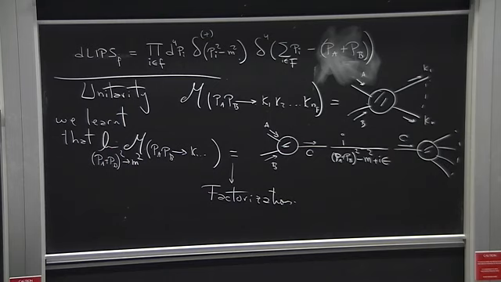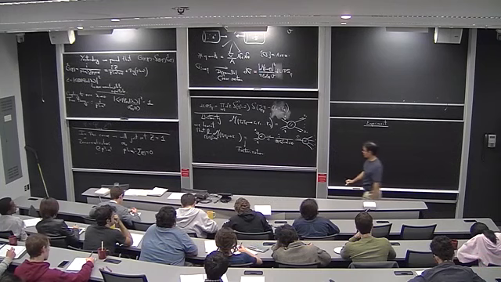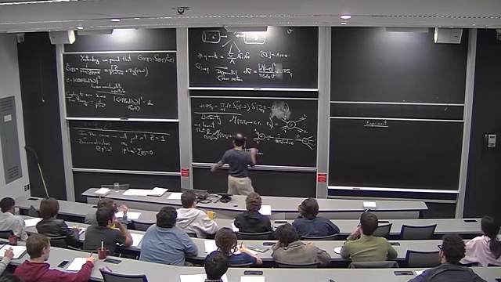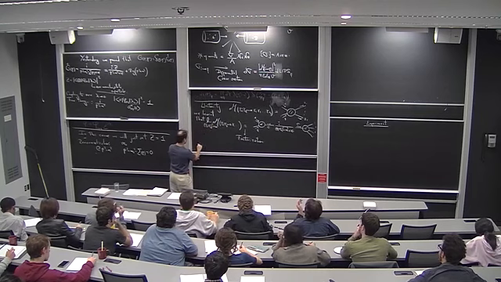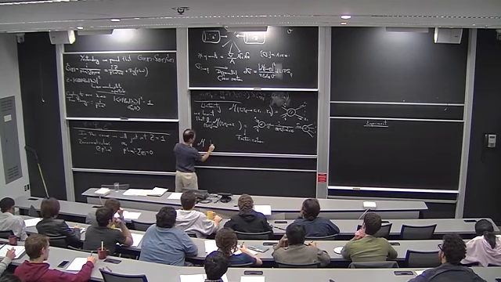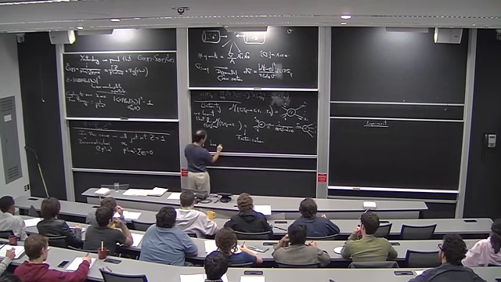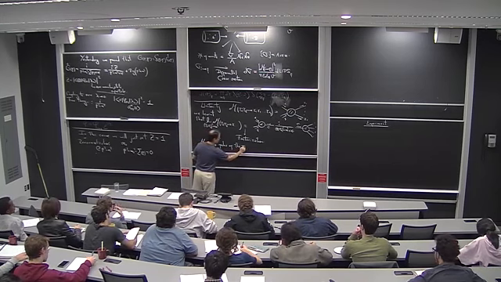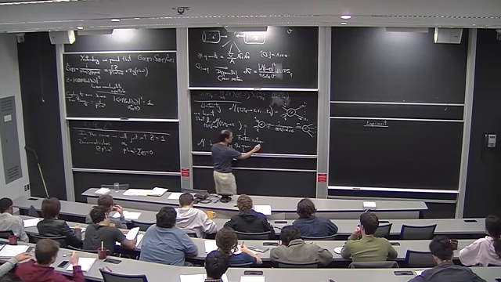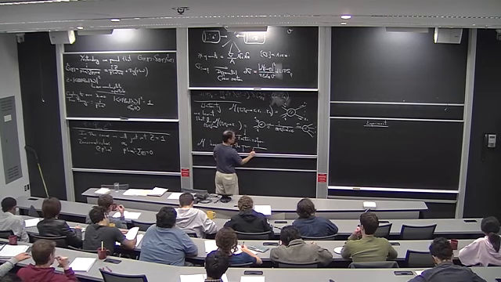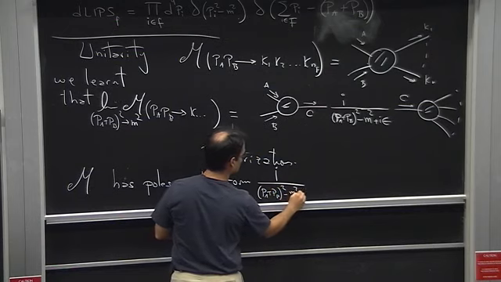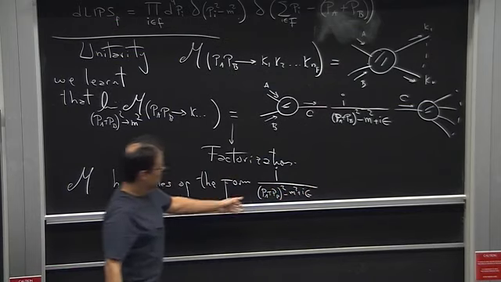Say that again about what the residues have to be? The residue, yes. What we learned is that M has poles of the form i over PA plus PB squared minus M squared plus i epsilon.